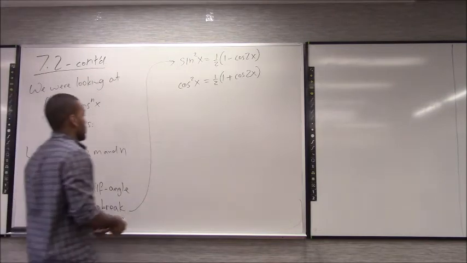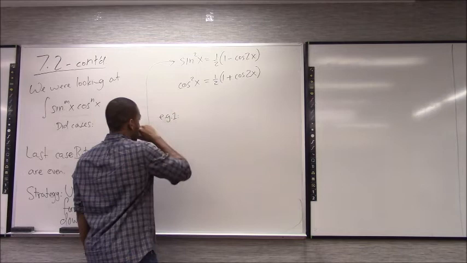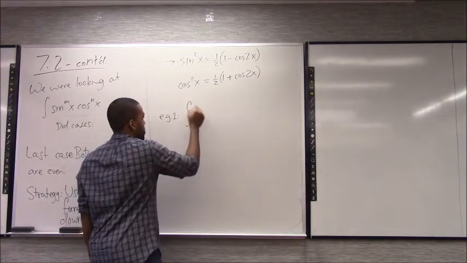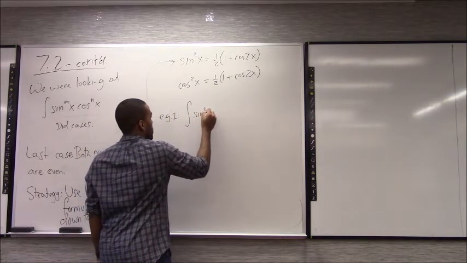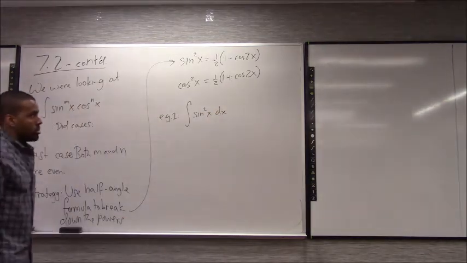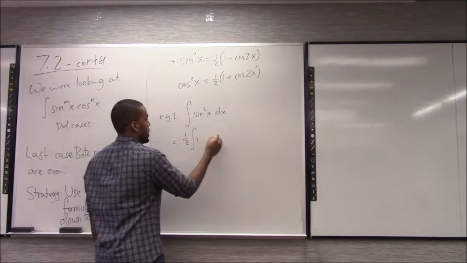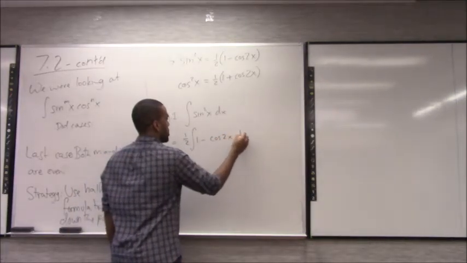Okay, so example one, simple example, let's say we wanted to do the integral of sine squared x. Then this is just equal to the integral of 1/2 times (1 minus cosine 2x) dx.